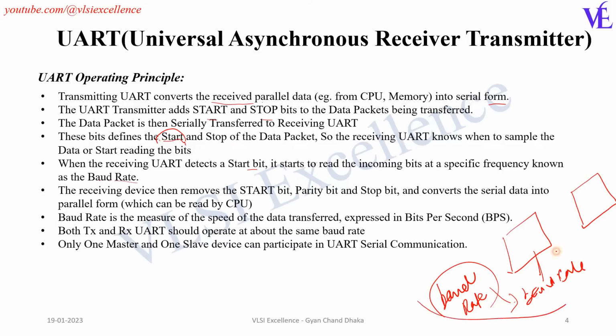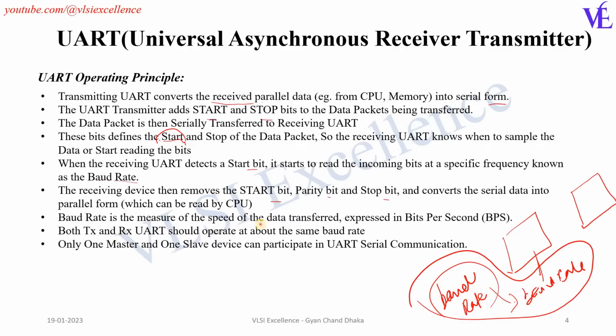So this is the baud rate concept, where both the UART transmitter and receiver have to work at a specific frequency, known as the baud rate. Once the receiver has received the data, it will remove the start bit, the parity bit and the stop bit from the UART data packet, extract the actual data, and convert it into a parallel flow.